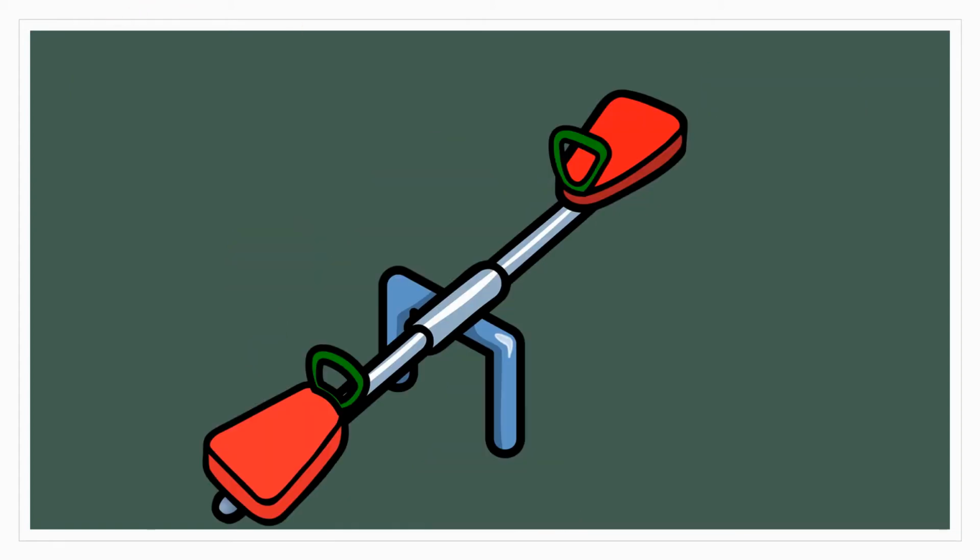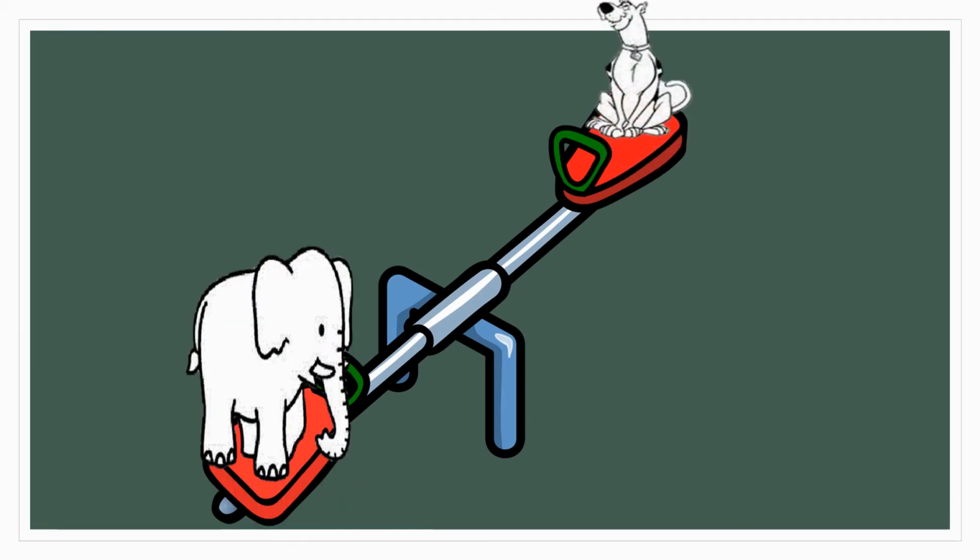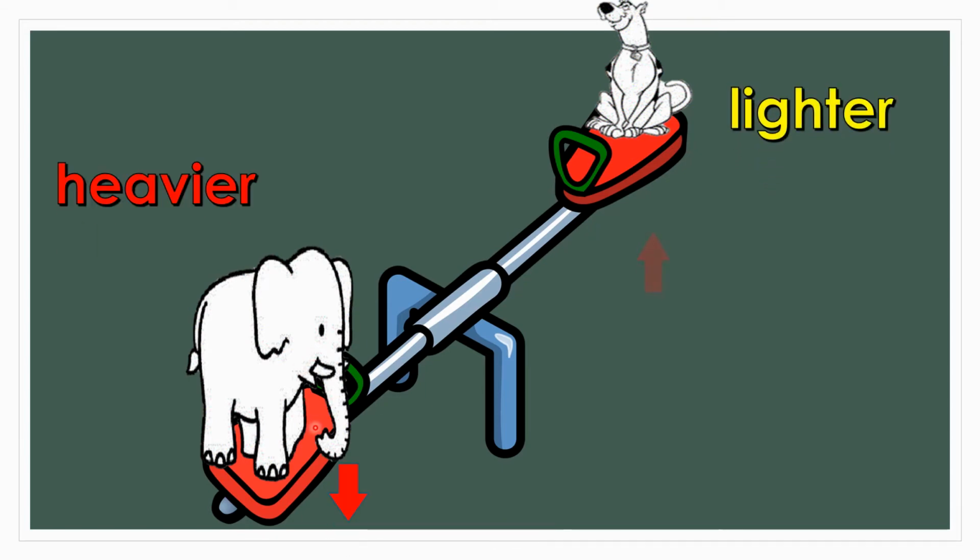There are two animals sitting on a seesaw. Now you can see one animal goes up and the other animal goes down. What do we learn here? The heavier animal goes down and the lighter animal goes up.